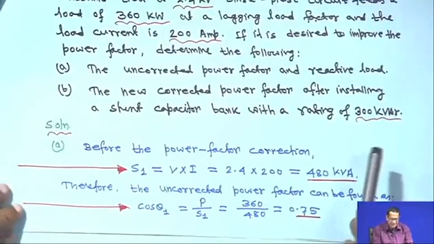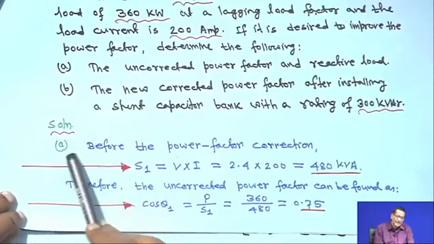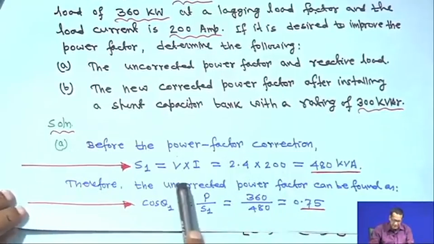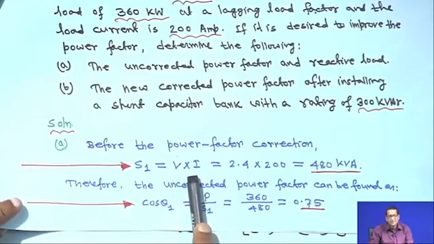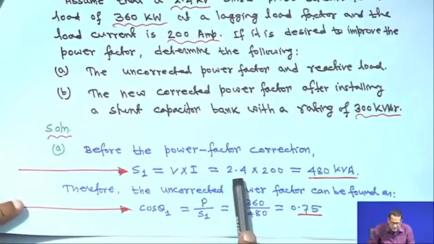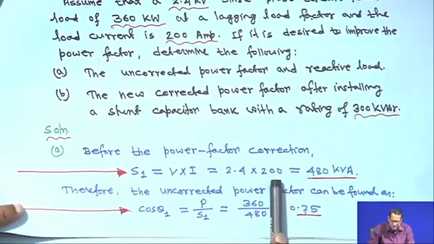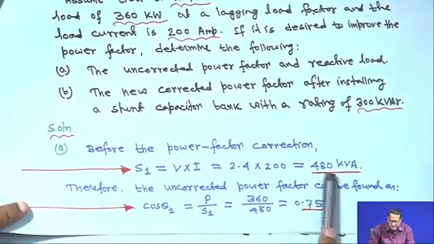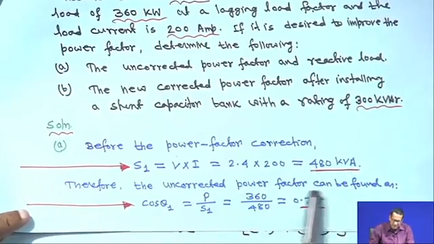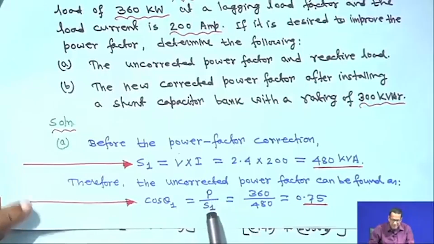So, in this case, solution part A. Before the power factor correction, S1 is equal to V into I, the apparent power VI. The voltage is 2.4 kV and the current is 200 ampere, so it will become 480 kVA. Therefore, the uncorrected power factor cos theta will be P upon S1.